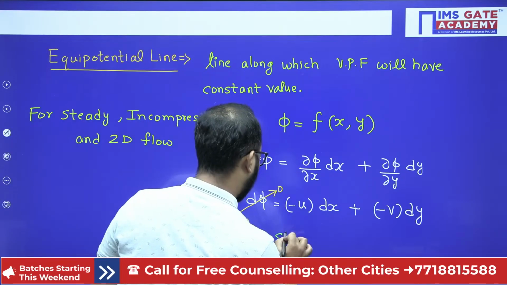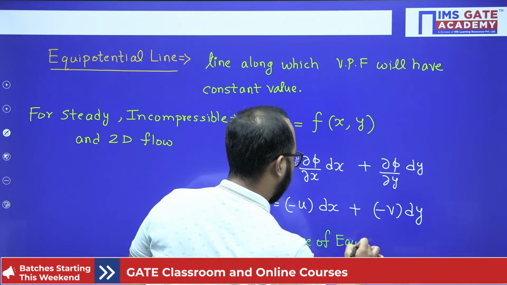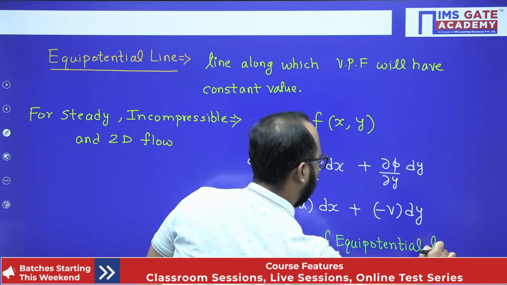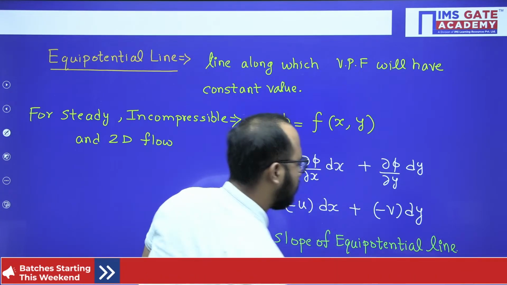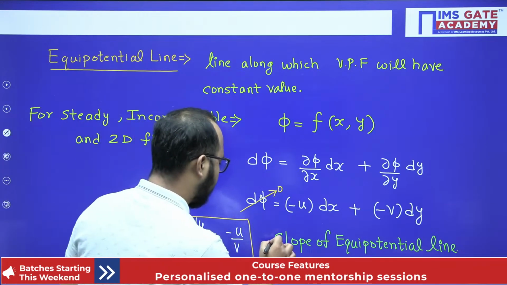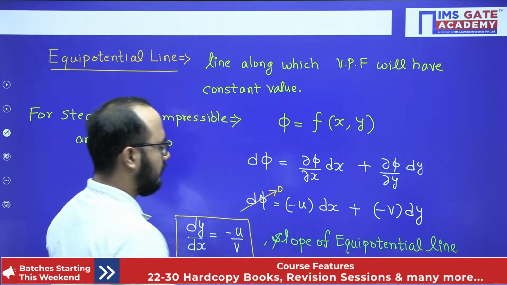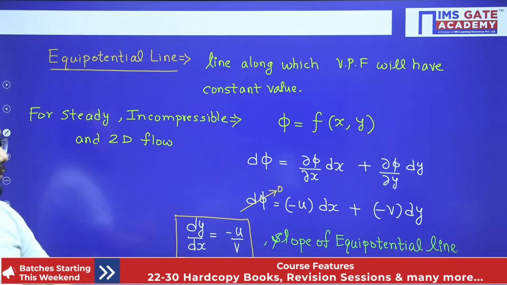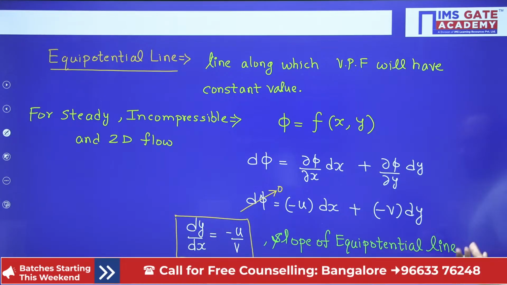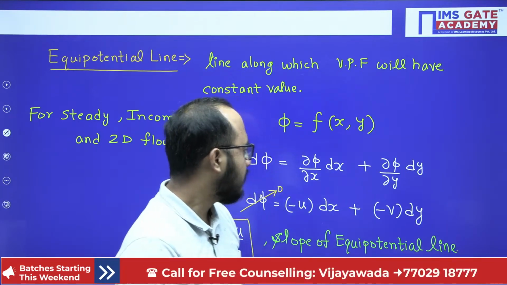The slope of the equipotential line. Right, everyone? So this will be the slope of the equipotential line. In the numericals, they will be asking the slope of the equipotential line. They have mentioned some velocity potential function, right? So they can ask this point.